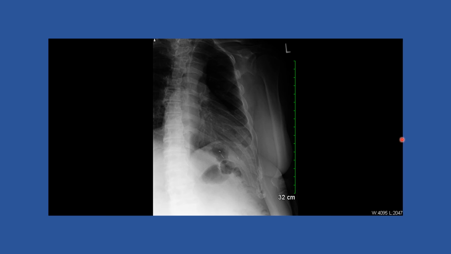Personally, I don't even look at rib series when they're done, just because so often when the radiologist looks at them, this is the x-ray I'm overread on the most. So to be honest with you, I almost never even look at them, and I just wait for the radiologist's report.